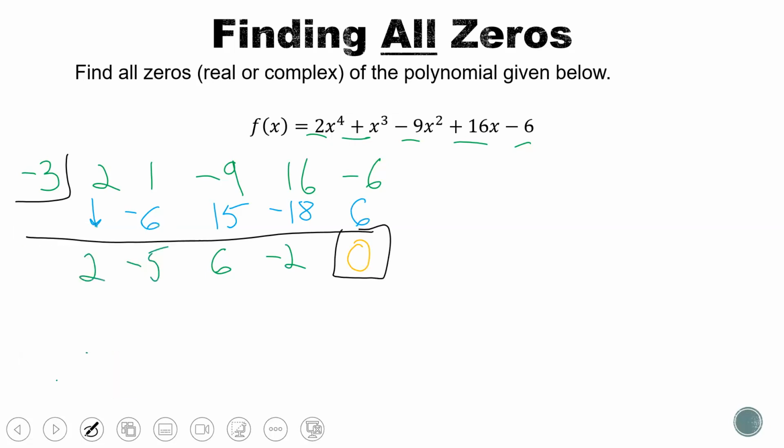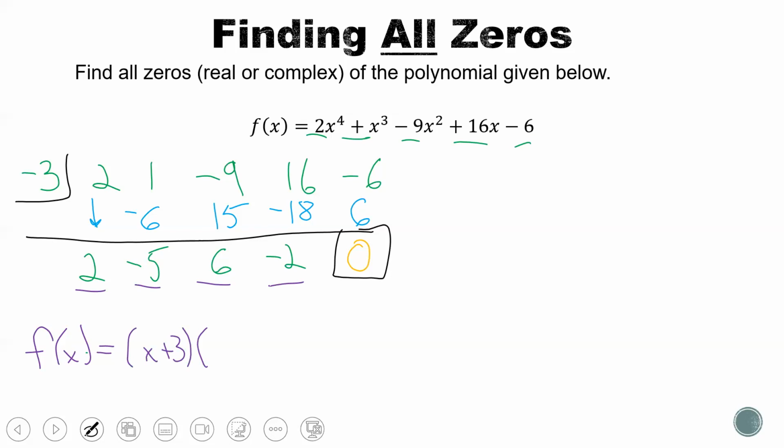And then what this allows us to do is to rewrite our function f of x in a further broken down form. It's not going to be broken down all the way. But we know since -3 is a zero, that the factor x plus 3 is a factor of this function. And when it's divided by that, we get another polynomial whose coefficients come from the result of our synthetic division.